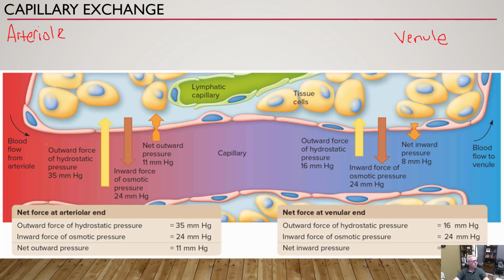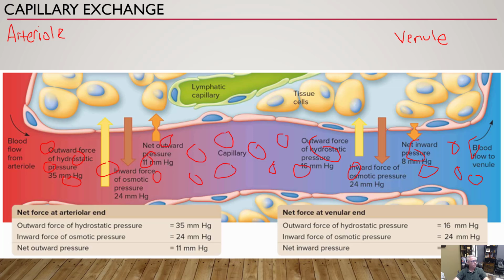And remember that in here we have a bunch of different proteins that are going to be in our blood. And remember, large proteins do not get filtered out of the blood. They don't get pushed out of the blood.